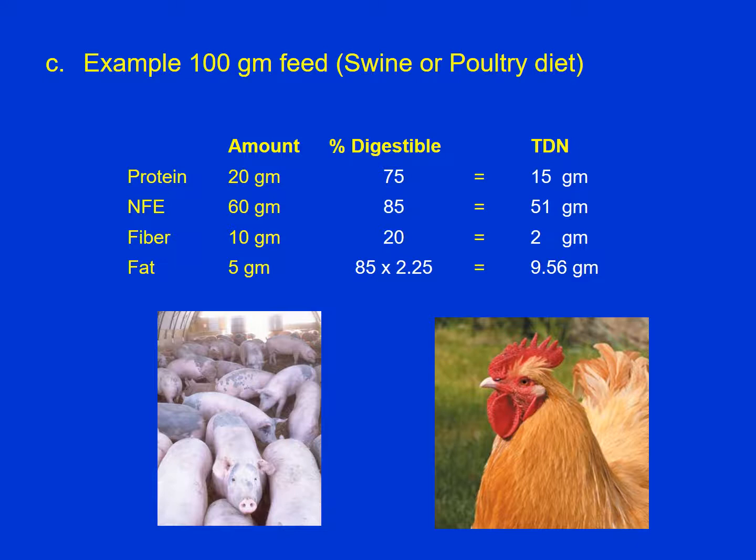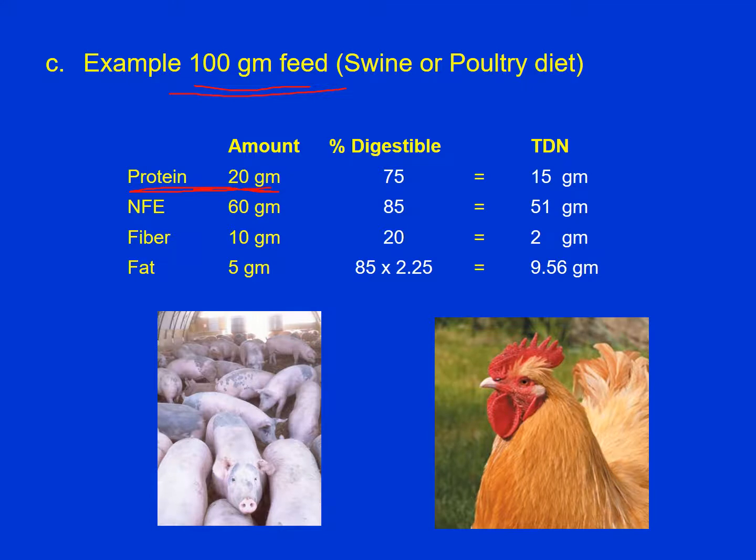Now this is an example of the amount of energy, or TDN, in 100 grams of swine or poultry diet. So this would be probably a corn grain based diet balanced with soybean meal and the minerals and vitamins needed.